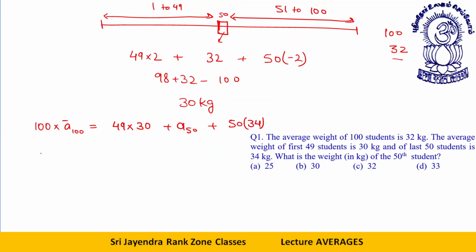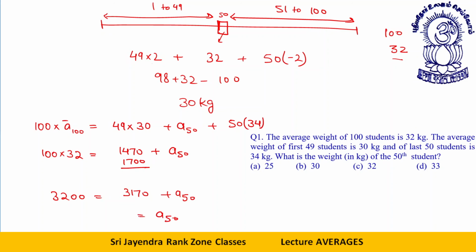Now nothing tough in solving this. 100 into 32 is equal to 49 into 30, 1470, plus A50, plus 50 into 34, 1700. So that will give me 3200 is equal to 3170 plus A50, or I can say A50 is equal to 30.